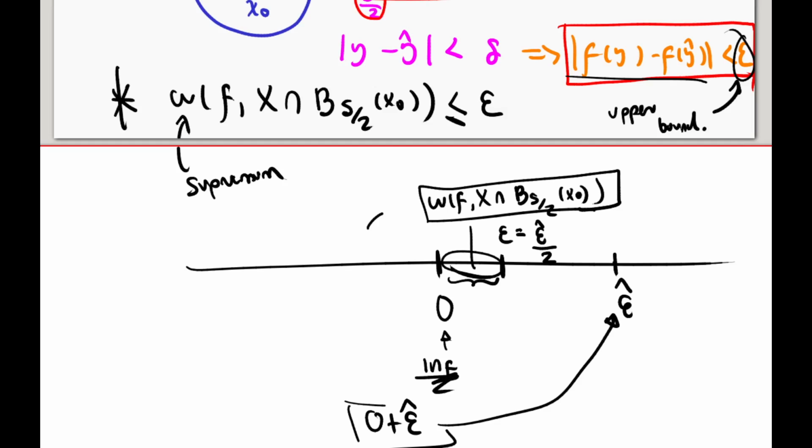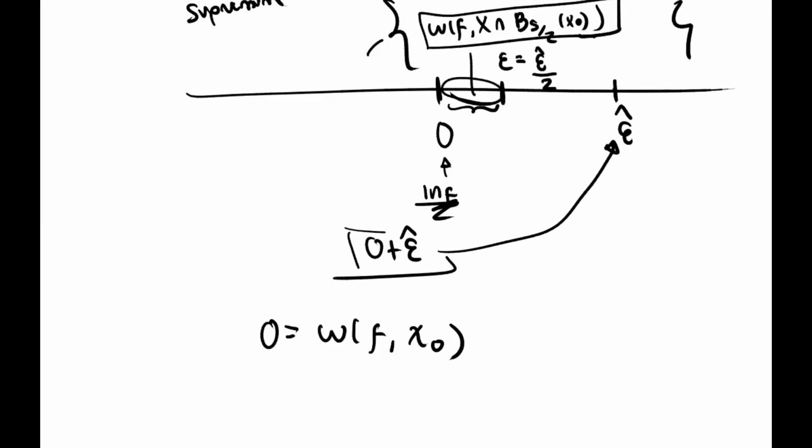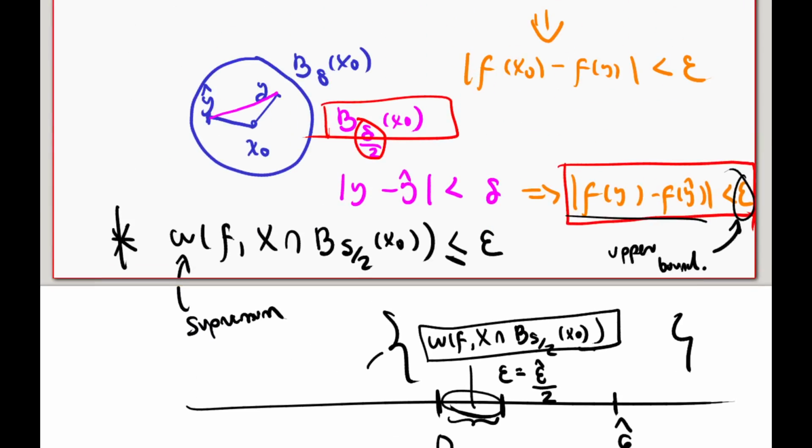So 0 is the infimum of the set of all of those oscillations, and that infimum is defined, as we saw previously, as the punctual oscillation. So that proves that implication.